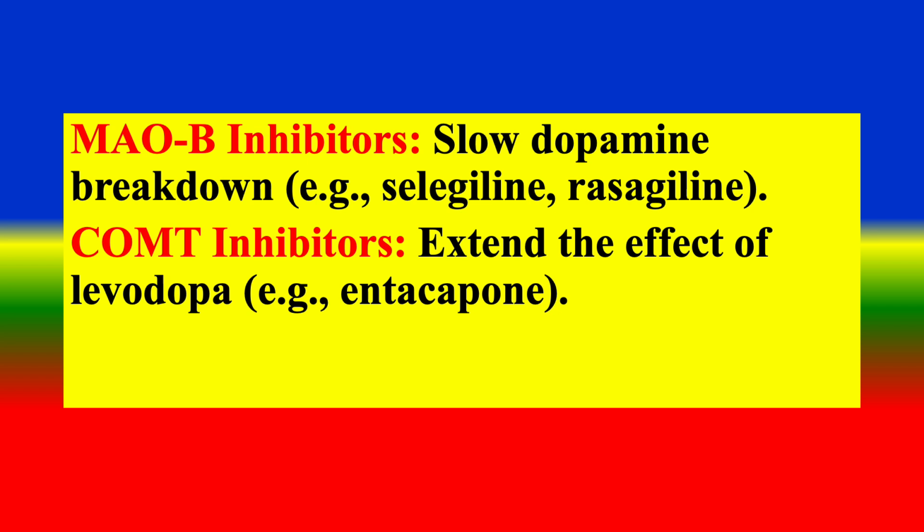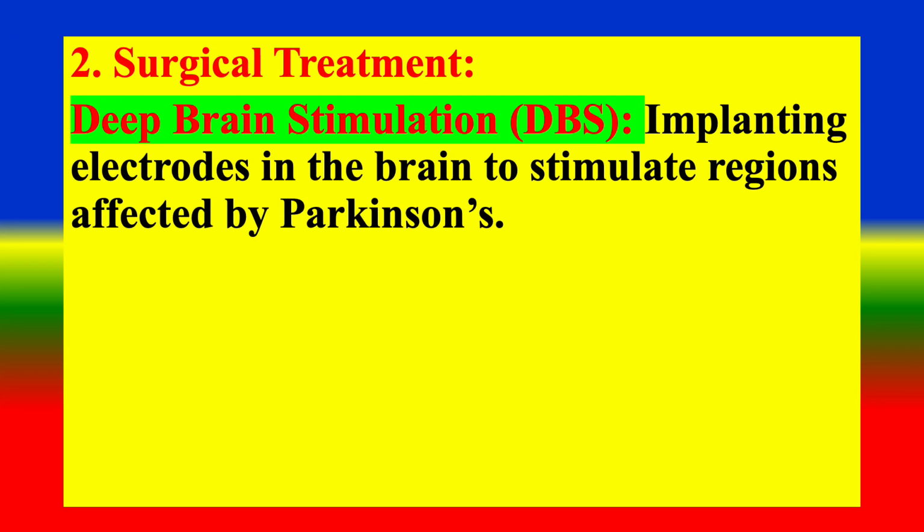MAO-B inhibitors slow dopamine breakdown. COMT inhibitors extend the effects of levodopa. 2. Surgical treatment, deep brain stimulation, implanting electrodes in the brain to stimulate regions affected by Parkinson's disease.